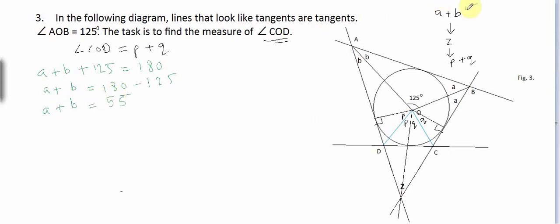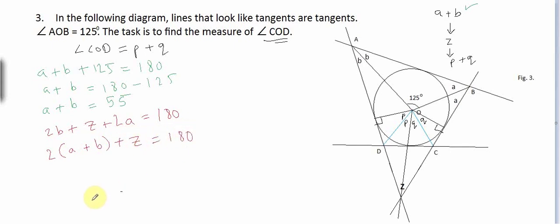Now from A plus B we can find Z, because in this larger triangle we apply the angle sum property, and that gives us 2B plus Z plus 2A is equal to 180 degrees, which gives us 2 times (A plus B) plus Z is equal to 180 degrees.